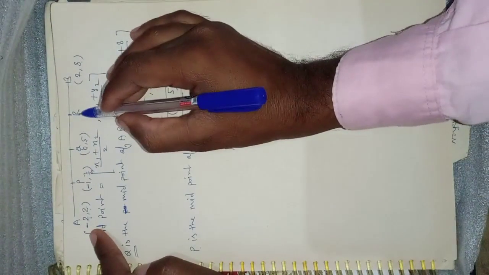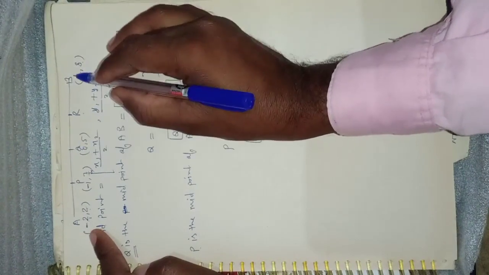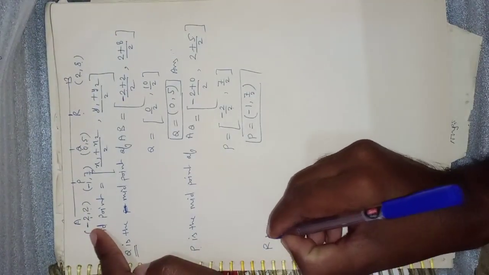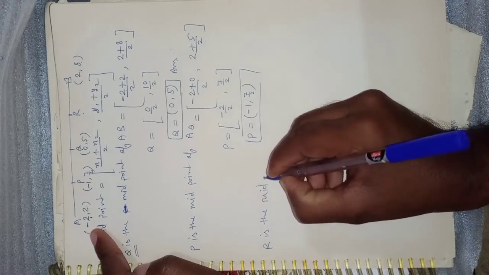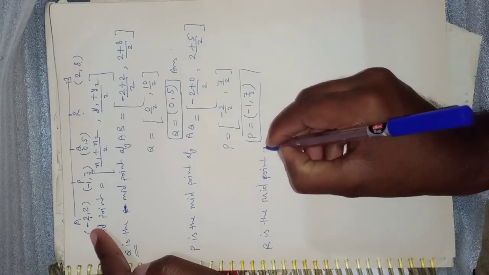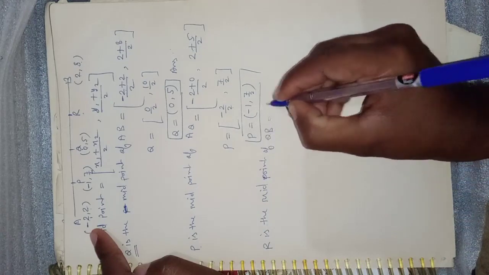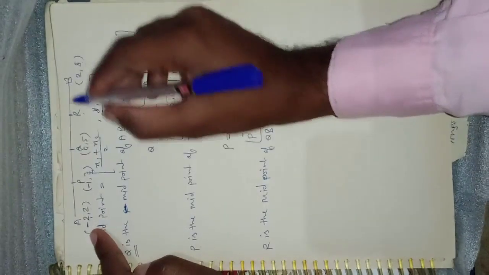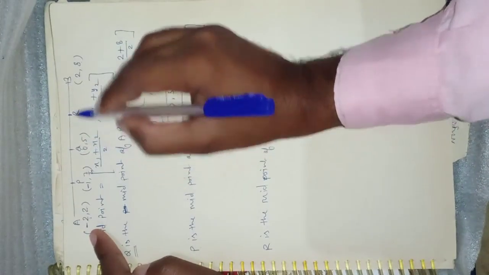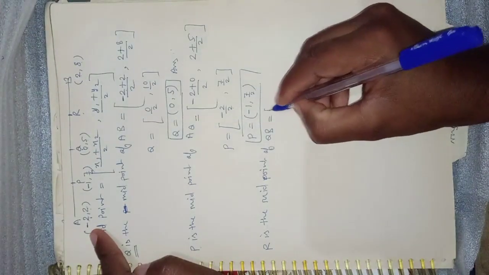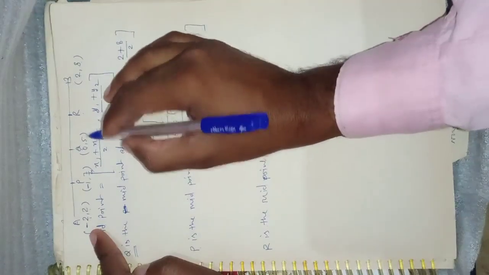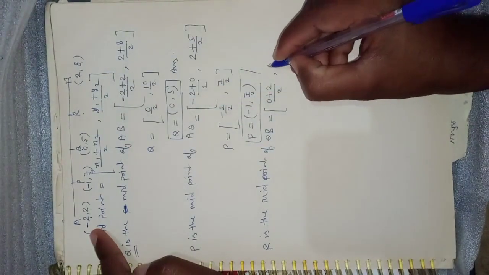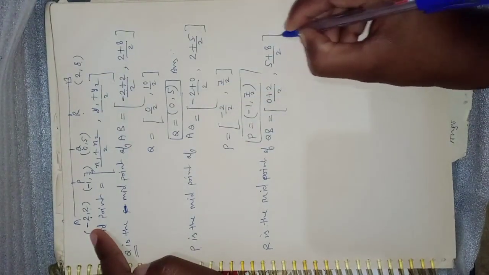Now find out the R coordinate. R is the midpoint of QB. First, x1 value is 0, x2 value is 2: 0 plus 2 upon 2 comma y1 value is 5 and y2 value is 8: 5 plus 8 by 2.